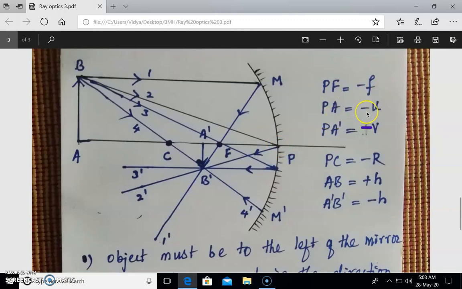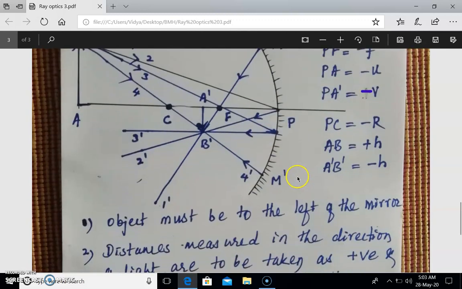PA is object distance, minus U. PA dash is minus V, image distance. Radius of curvature is minus R. Height of the object is plus H, and the height of the image A dash B dash is minus H.